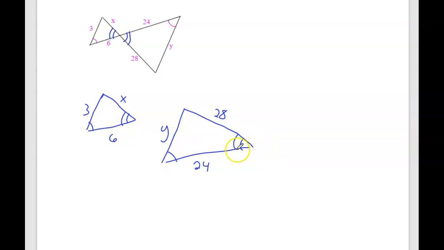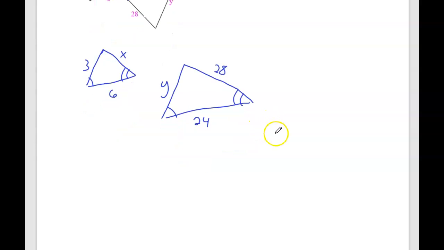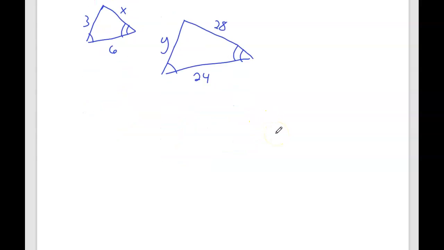The 6 and the 24 correspond to each other. So I know that I'm going to use the 6 and the 24 because those are constants. So I took the 6 from here and the 24 from here. So I'm going to take the X from here and the 28 from over here.